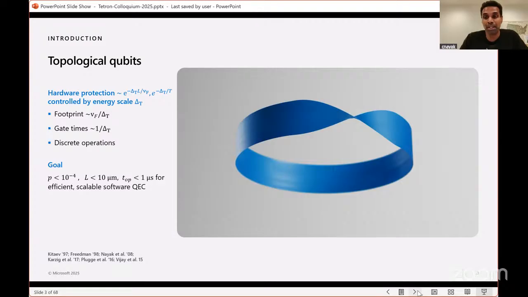And also an additional interesting piece is that the operations are inherently discrete in a topological phase. So, the idea is that there are states of matter, and that's what topological phases are, in which the underlying quantum wave function has topological properties, similar to how a Möbius band can be distinguished by its twist from an ordinary band.